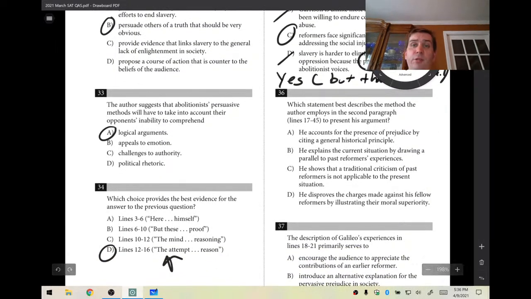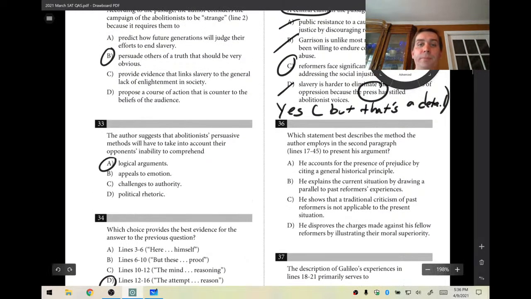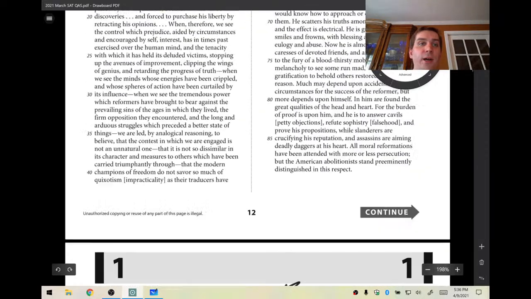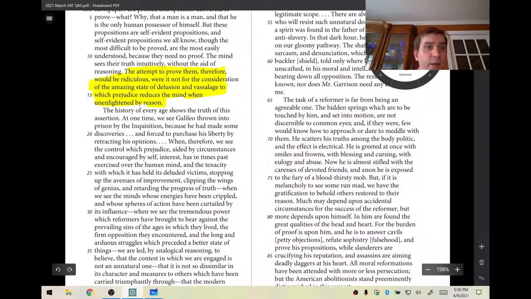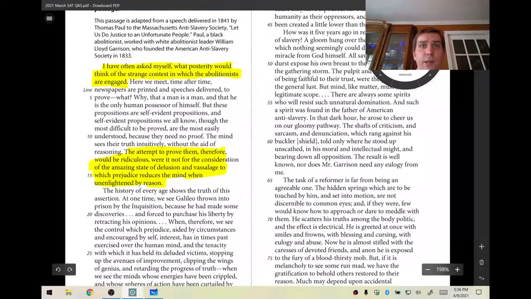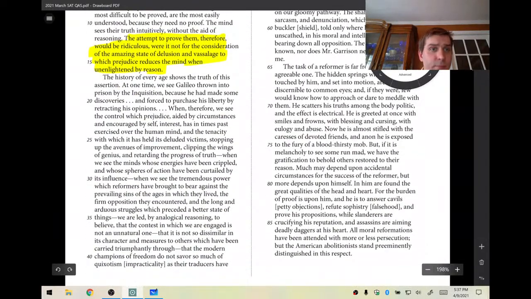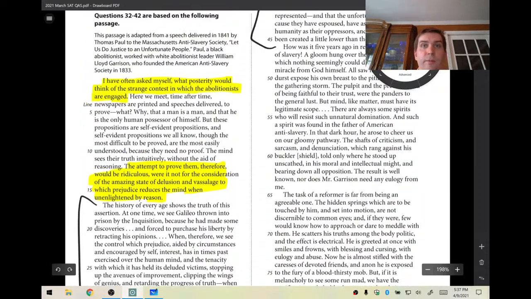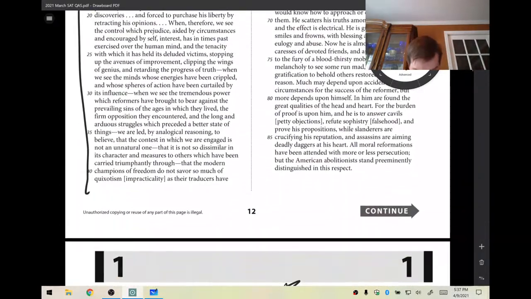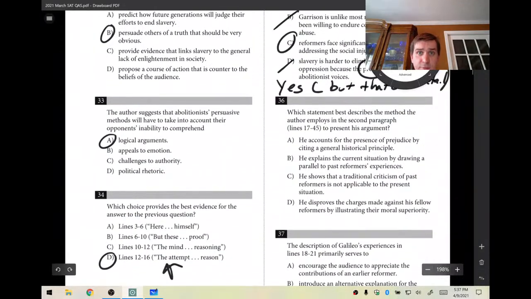36. Which statement best describes the method the author employs in the second paragraph to present his argument? Lines 17 through 45. Let's look at these lines. Okay, so that's this whole paragraph all the way up to here. So how does our author present the information within that paragraph?